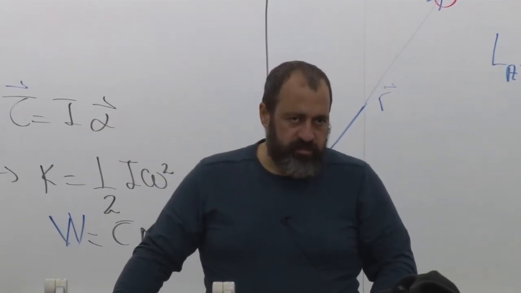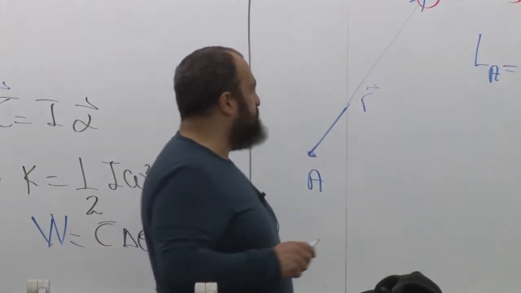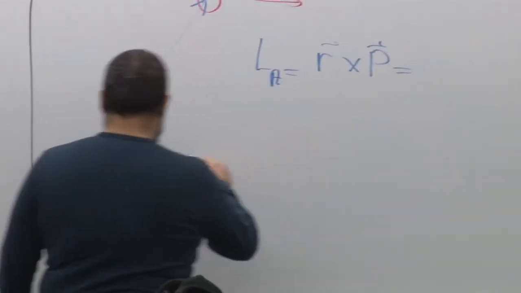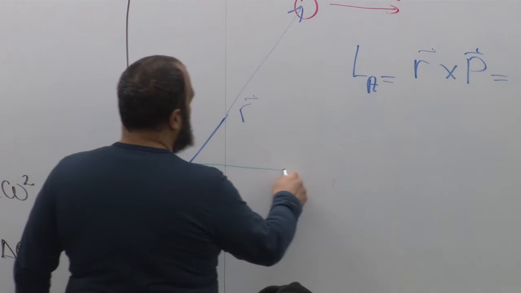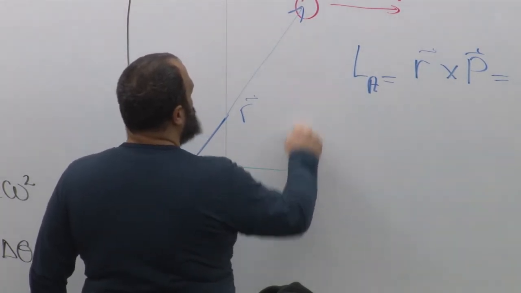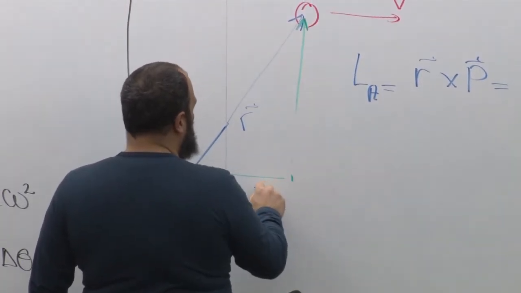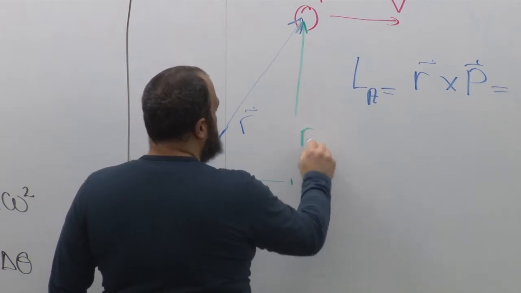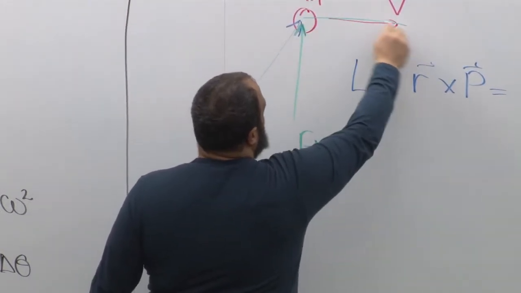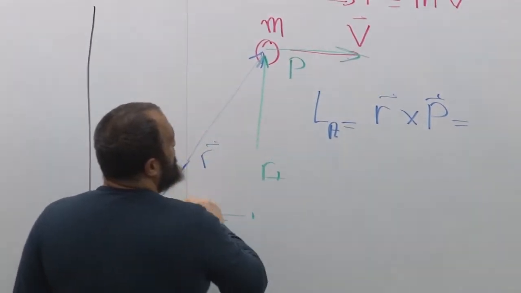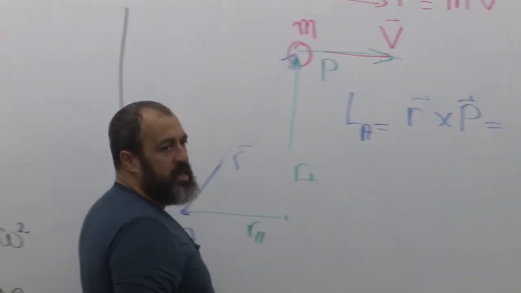And so recall that. Let me write this then as R perpendicular plus R parallel. I'm going to break up my R into two components, one perpendicular to the momentum and one parallel to the momentum. And the momentum vector is right here. Well, that's P, right? So P is right there. All right.